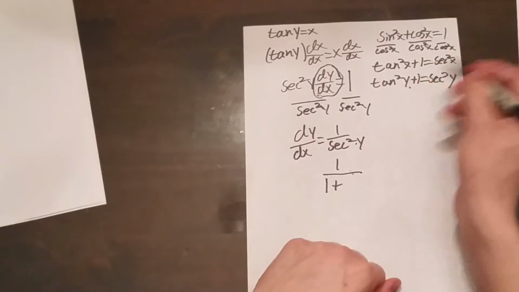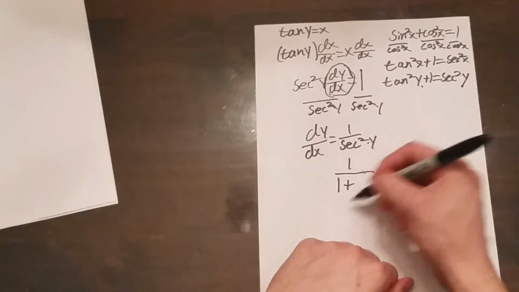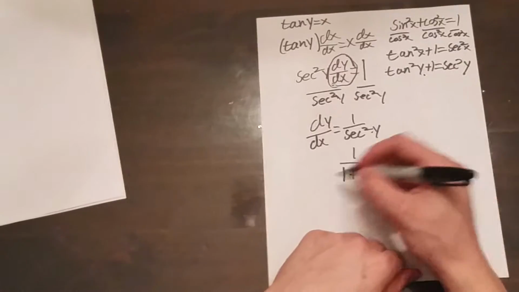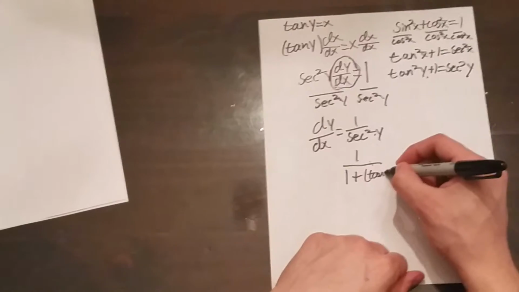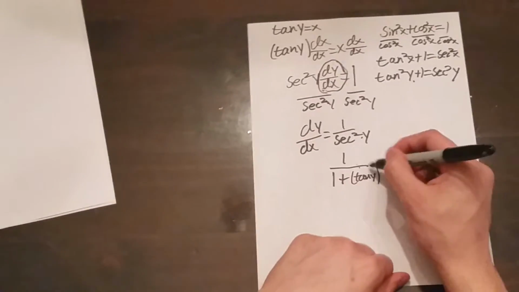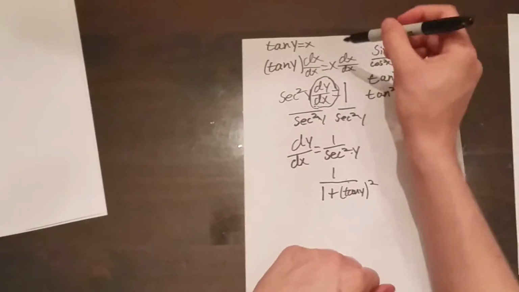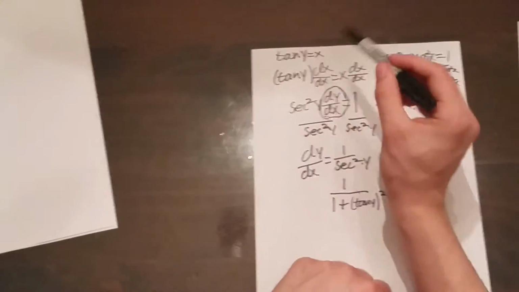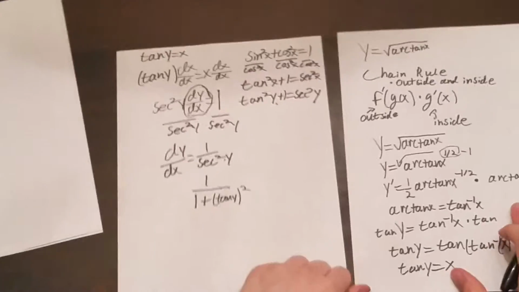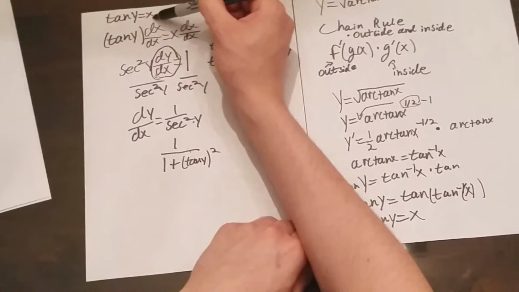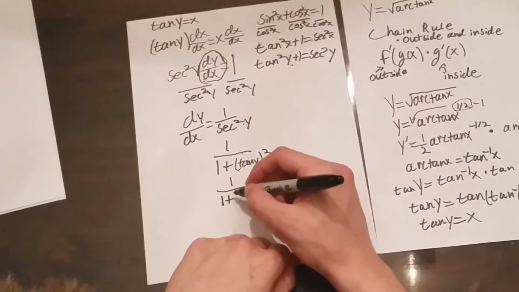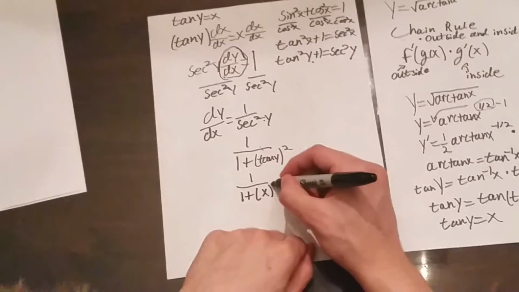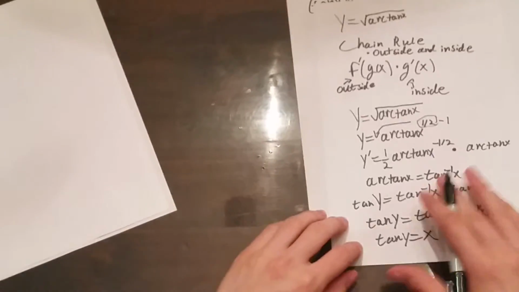It doesn't matter which way you write it, it's still the same thing, but most people write it like this. That's how it's usually done. And looking at this, we go back to our original equation, and we see that tangent of y is equal to x. So we just replace that with 1 over 1 plus x squared.